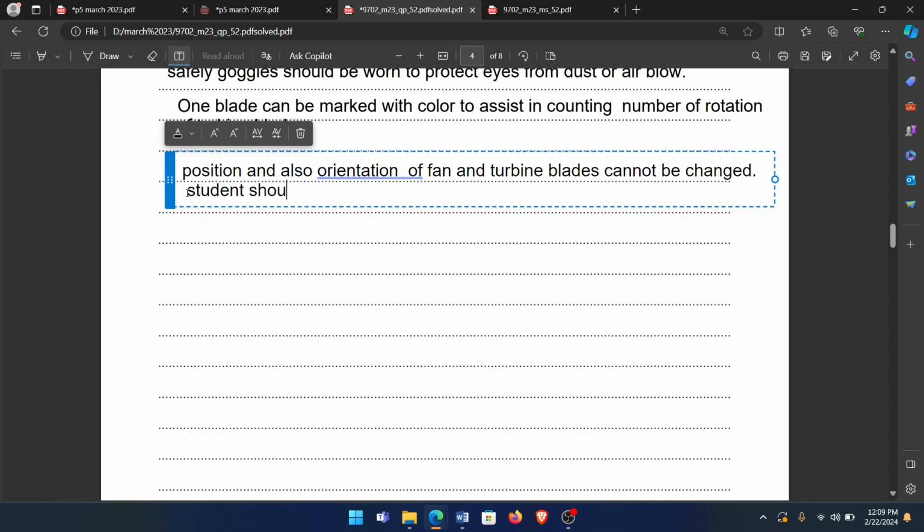student should wait for steady airflow and also there should be no other airflow.